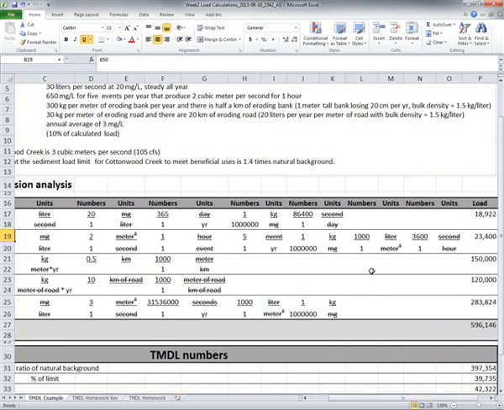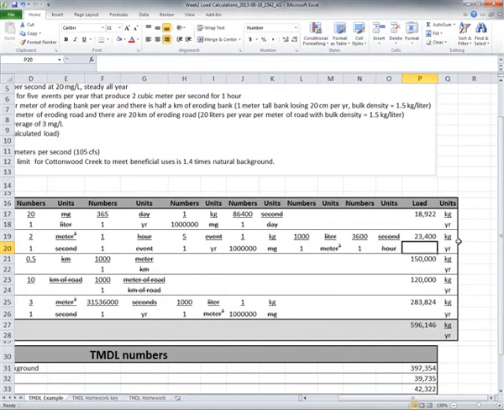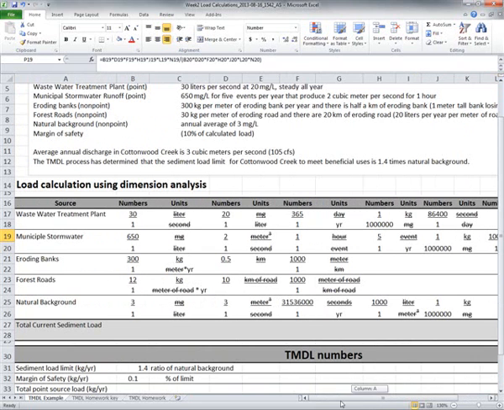Then I have both seconds and hours in here, and so I put seconds and hours here, and again just did the calculation, 60 times 60. And then again with the math, I multiplied all of the numerators and then divided by all of the denominators, and I get to my kilograms per year, and this number then gives me the load from municipal stormwater runoff.